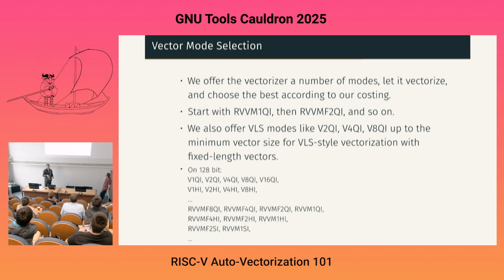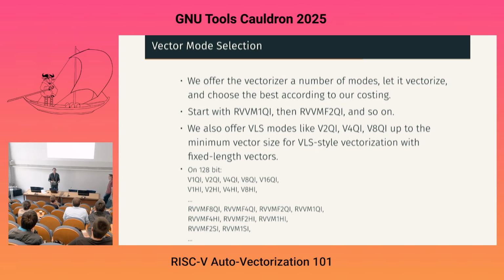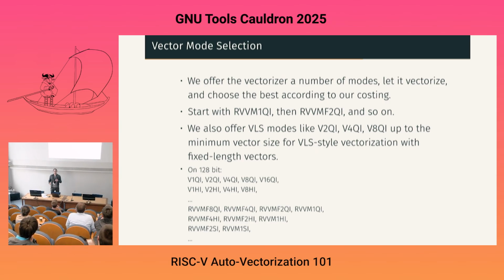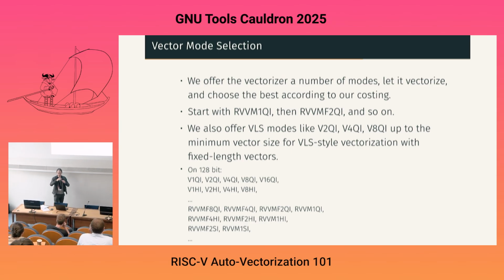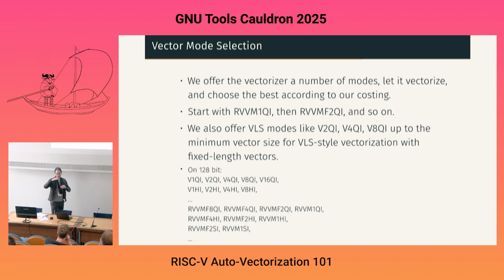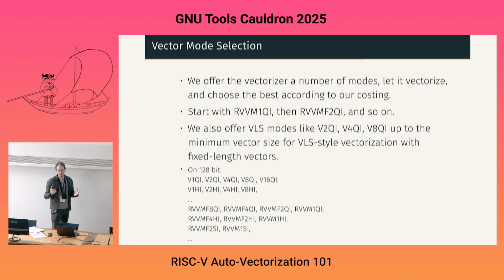What we also offer, and that gets back to your question, is proper VLS modes. So suppose we have a minimum vector length of 128, then we allow all VLS modes up to that size because they just work.